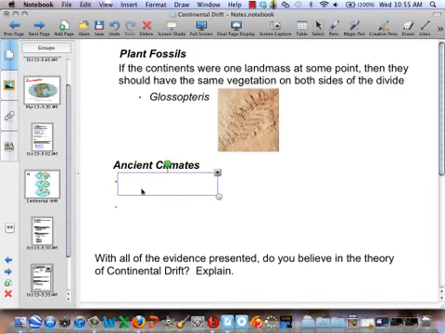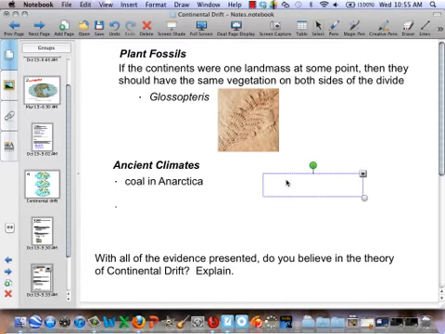One more thing that he did is he looked at ancient climates. I'm not sure if you guys know about this or not, but we have large coal deposits in Antarctica. In what environment does coal form? Swamps.